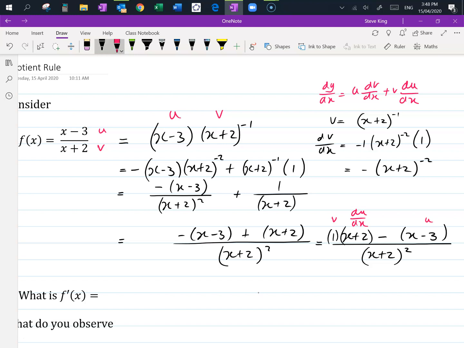And this thing was also multiplied, the second element was also multiplied by 1. And that is dv dx. And between them I've got a minus sign. And what have I got down the bottom over here? I've got v squared. And that is what our quotient rule actually works out to be.